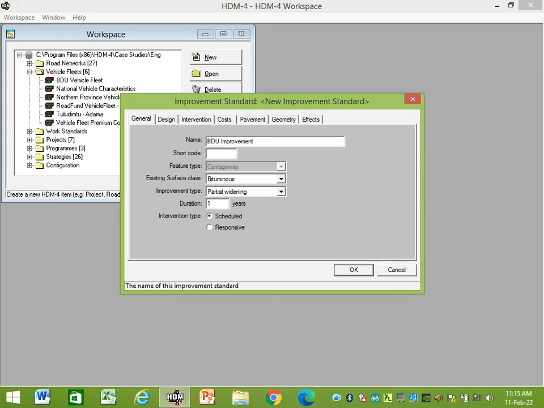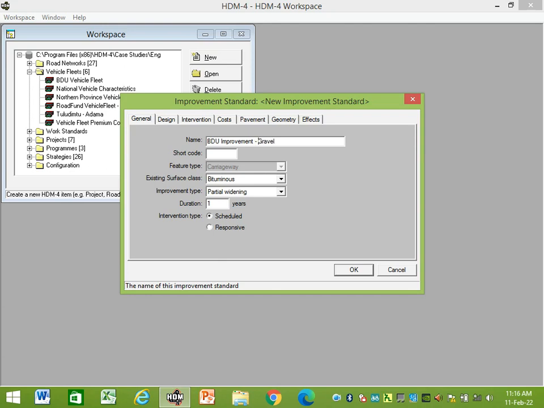Now gravel. We are dealing with gravel and asphalt as well. Okay? Video improvement. Gravel road.